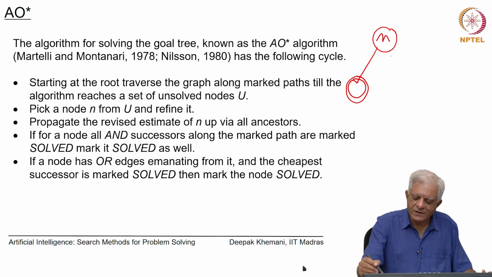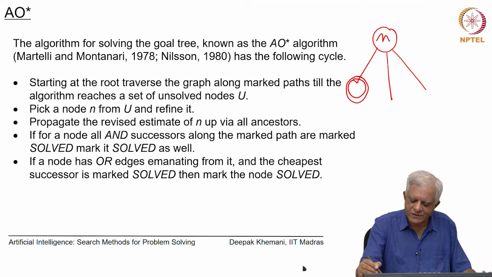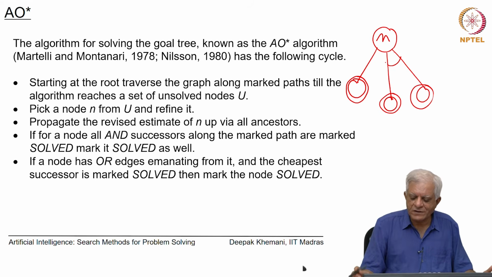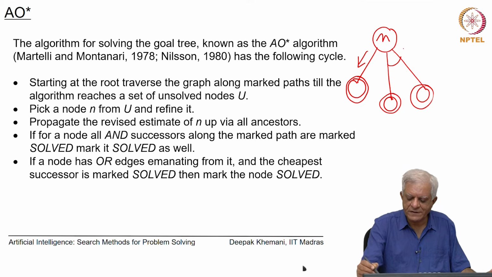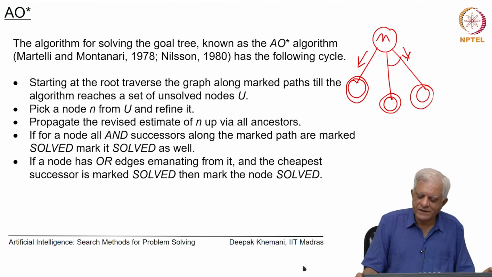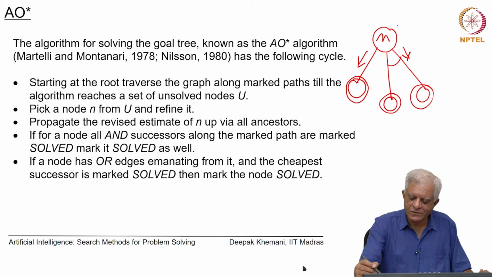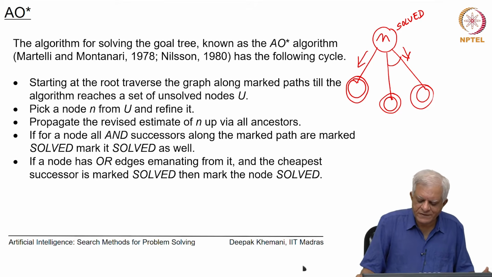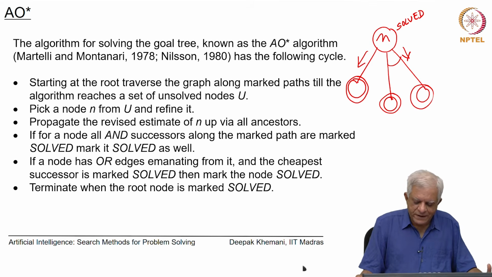Also, if it is an AND choice like this, then both its successors must be marked solved. So, in either case, if all the children along the hyper edge are marked solved, there are two hyper edges, remember, one here, one here. If the best hyper edge is marked solved, then you can mark this node n as solved, which means we have a label very similar to what we had in the SSS star algorithm. And as we said, terminate when the root node is marked as solved.